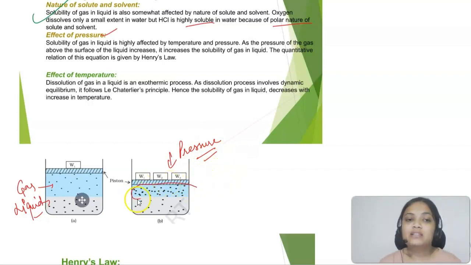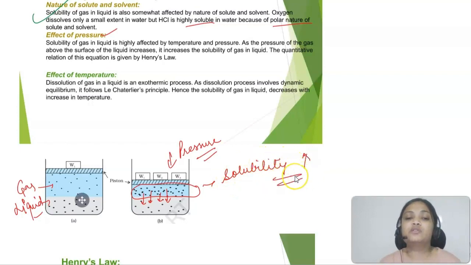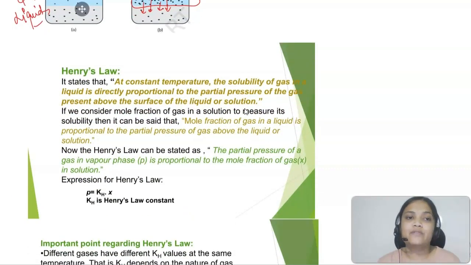In that case, the number of gaseous particles per unit volume increases, as well as the number of gaseous particles striking the surface of liquid also increases. So the solubility will increase. The solubility of gases in liquids increases with increase in pressure, and this was first studied by Henry, so we call it Henry's law.